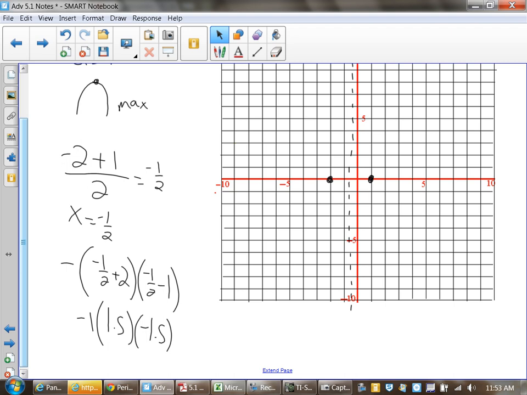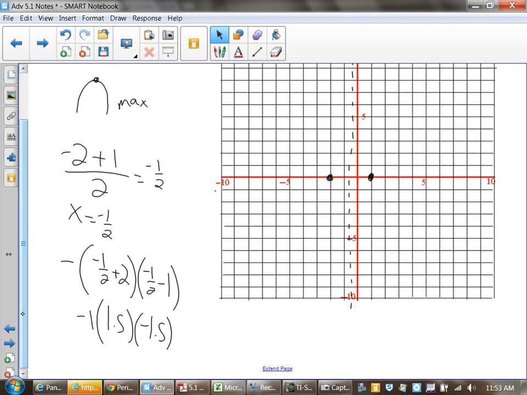So +2 1/4. Is that right? Yeah. So my vertex is at -1/2 and positive 2 1/4. About there. And it's just going to fall away. Okay?